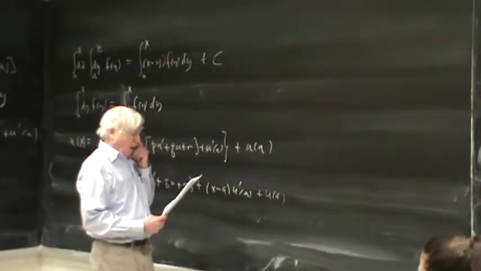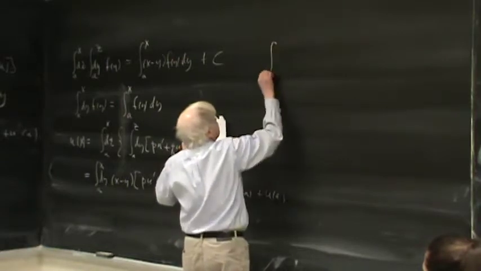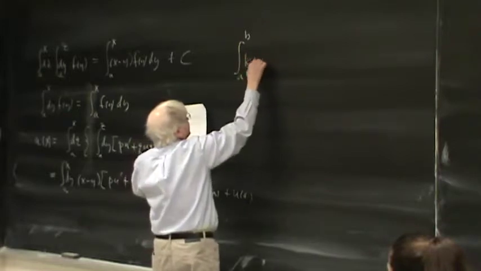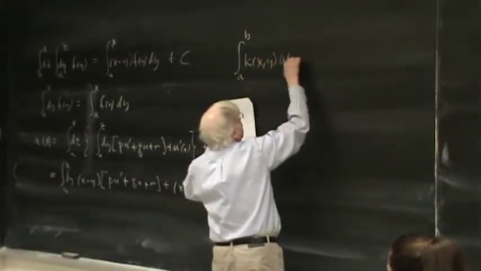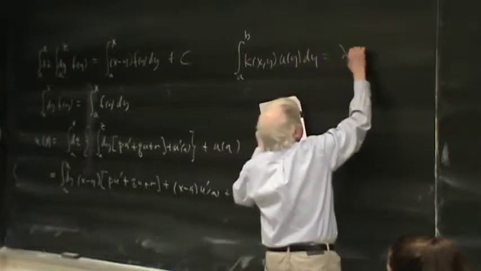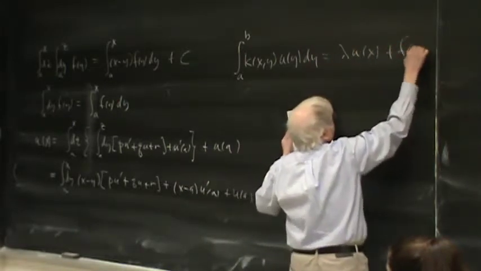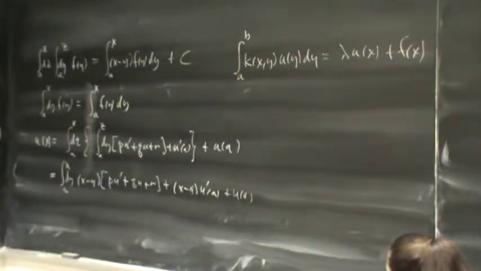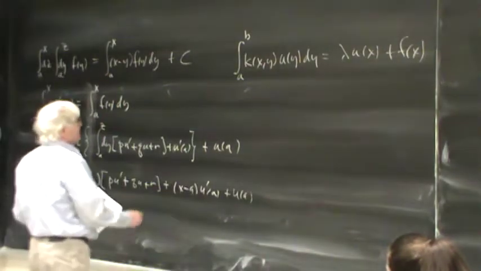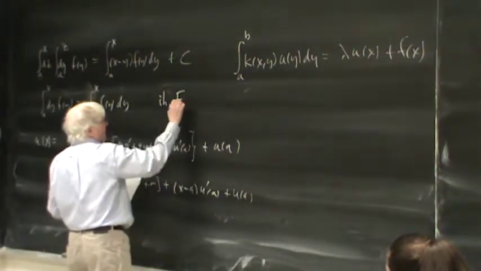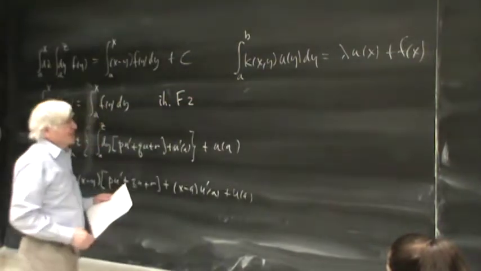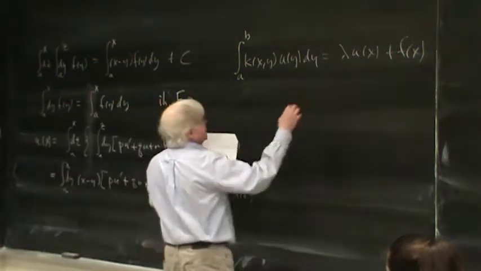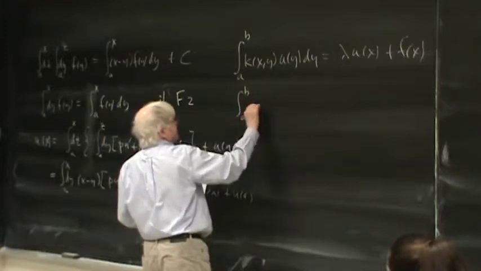Now, the basic idea is, if we have an integral from a to b, k of x and y, u of y dy equals lambda u of x plus f of x, then this is called an inhomogeneous Fredholm equation of the second kind. So this is inhomogeneous Fredholm 2.